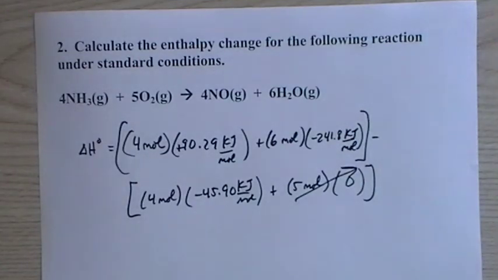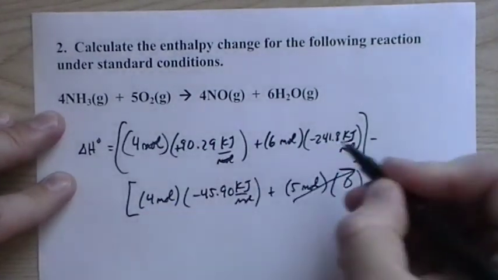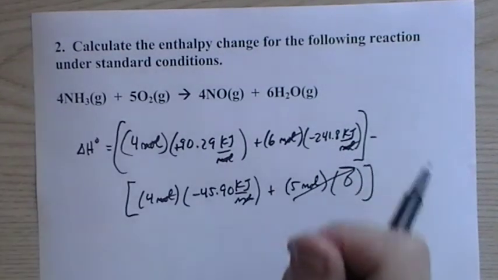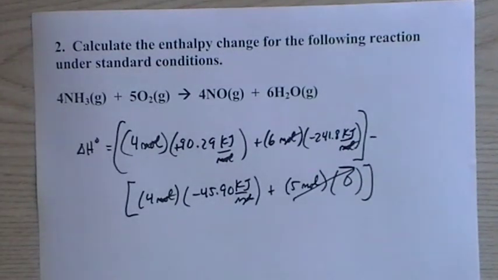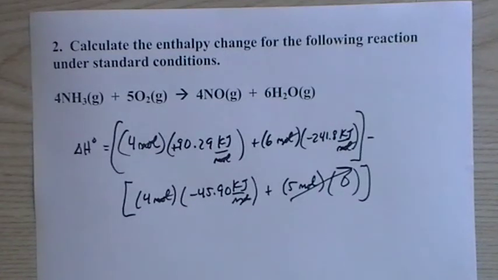And on my exam, if you left it off, that'd be perfectly fine by me, because it's an element and it's 0. And O2 gas is present in the table. If you have to go back and check, you see O2 gas, not O gas, not just O, that's 249.2. Not ozone, O3, which is 142.7, but O2 gas, and that's oxygen in its most stable form under standard conditions, and that's 0.